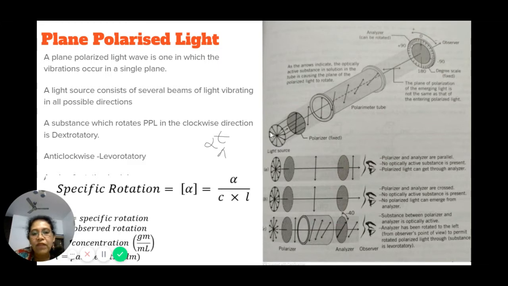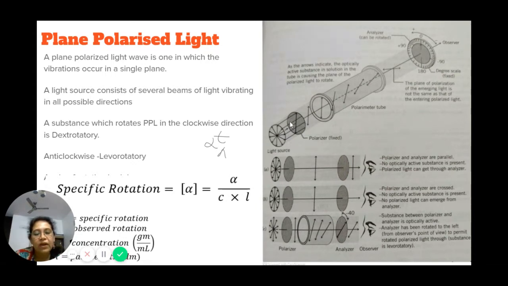It has beams of light in all possible directions. Now, from the light source, a ray of light is thrown on the polarizer. Then what happens? Only that light passes through the polarizer which is parallel to it, and thus we have a plane polarized light in which the vibrations are occurring in a single plane.